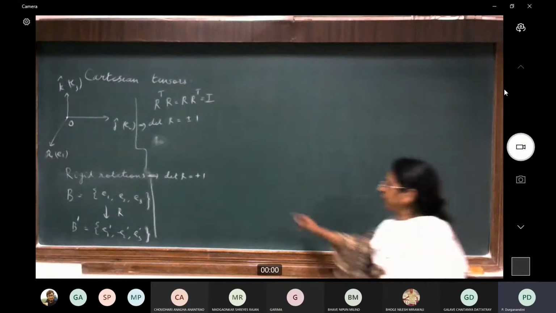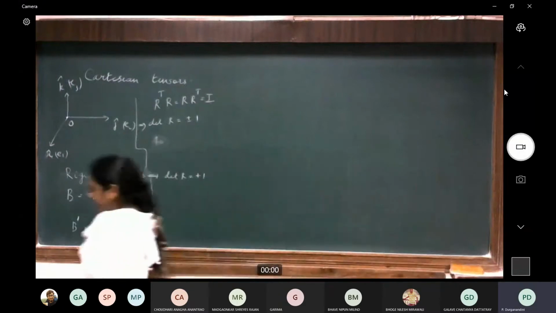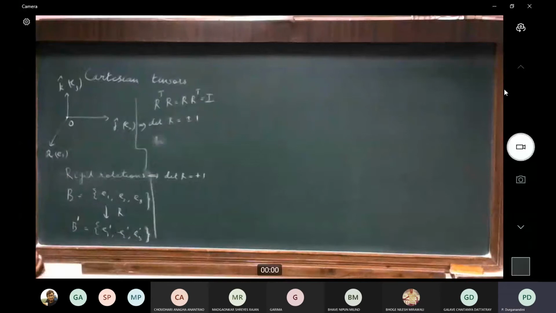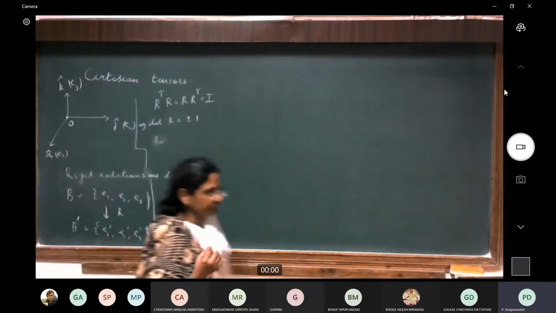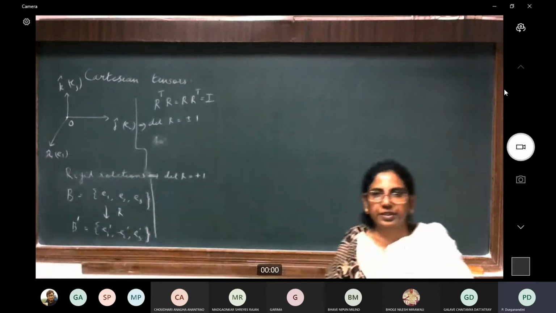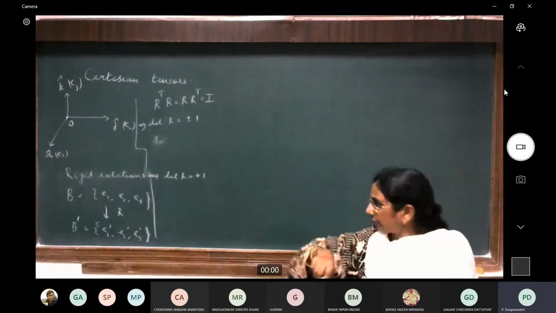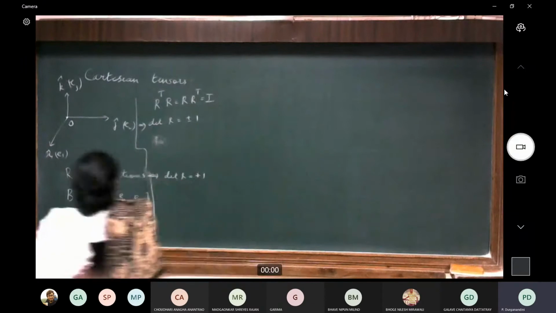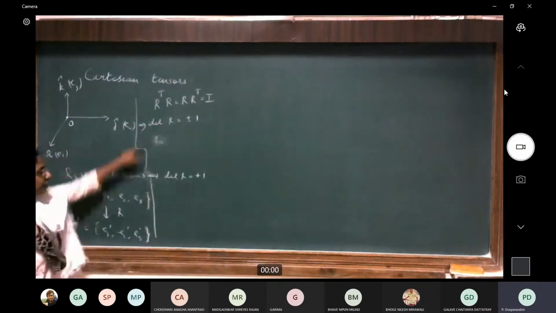I don't go to the left-handed system. I keep it the same. What this means is that I don't allow for reflections. So I don't ask for transformations like x going to minus x, y going to y, z going to z. I'm restricting myself to those transformations which satisfy the condition determinant of R equal to plus 1.